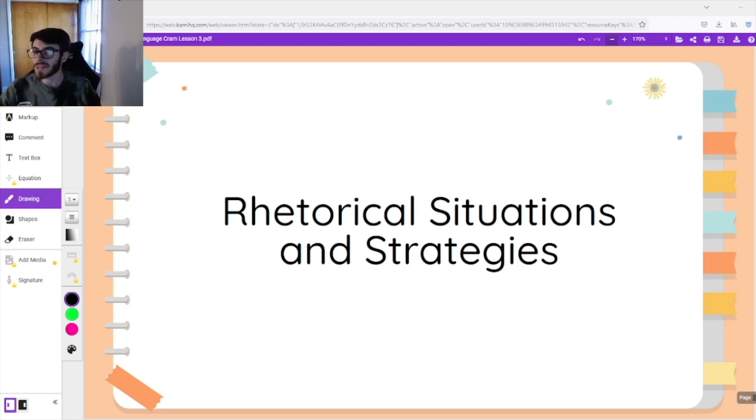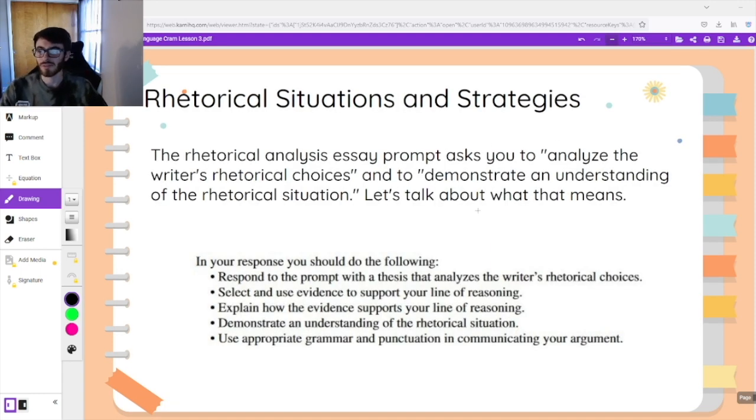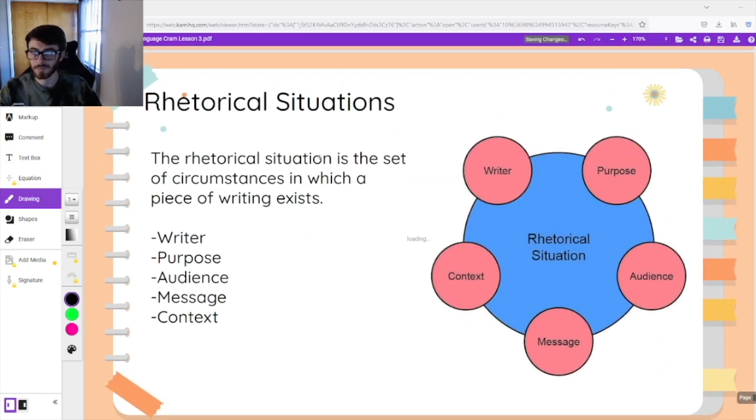So in order to do that, we need to understand what those things mean, and how to identify the choices, analyze them, and demonstrate an understanding, like the prompt asks us to do. So let's talk about it.